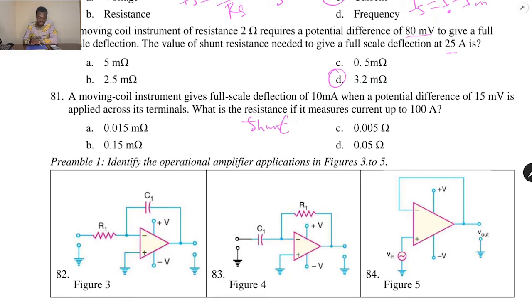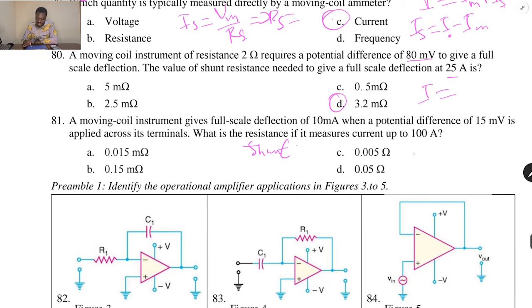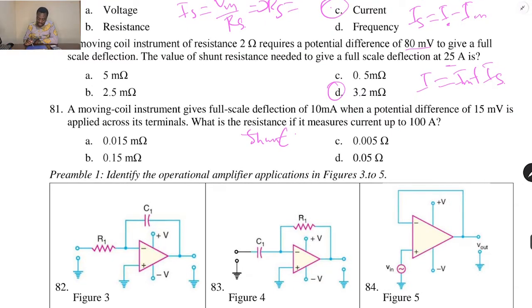The same method we used for 81 applies. The current I indicated by the moving coil instrument is the current passing through the coil plus the shunt current. We are given IM, which is 10 milli, so the shunt current is 100 minus 10 milli.